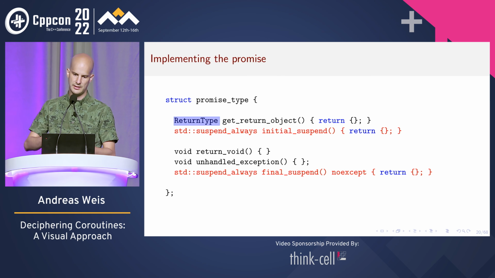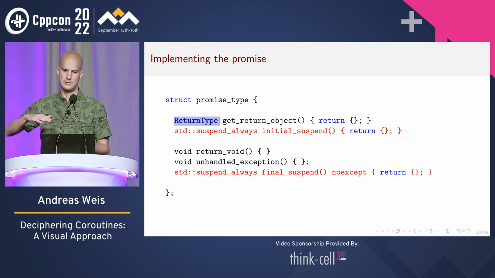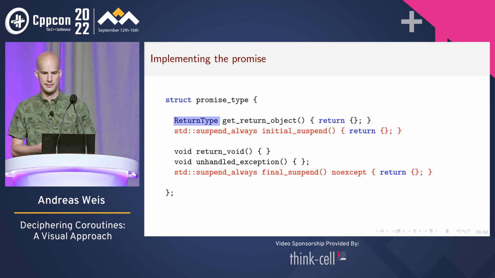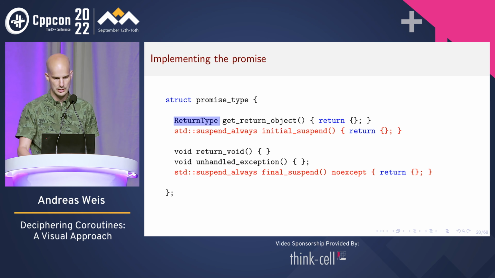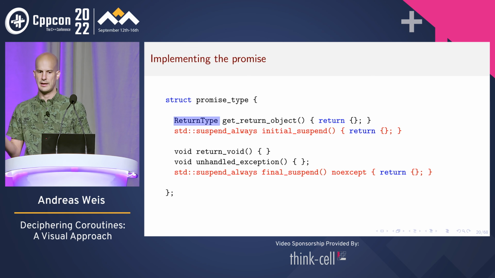So for example, if I return from a coroutine, or if the control flow falls off the end, or if I exit via an exception, that's all the cases where the final suspend will get invoked. And as you can see here, we're returning suspend_always, which basically says, okay, at these points, I just want to go into suspension.